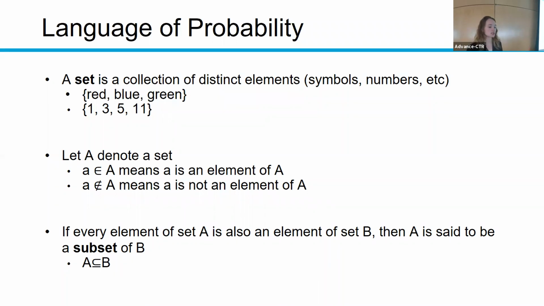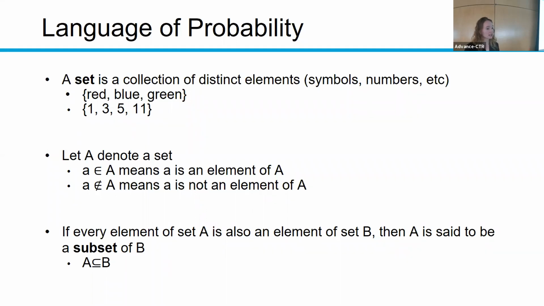Sets. A set is a collection of distinct elements, symbols, numbers. Whenever we write out sets, we write them in curly brackets and we list all of the distinct elements that are in it. So red, blue, green, and 1, 3, 5, 11 are all sets.